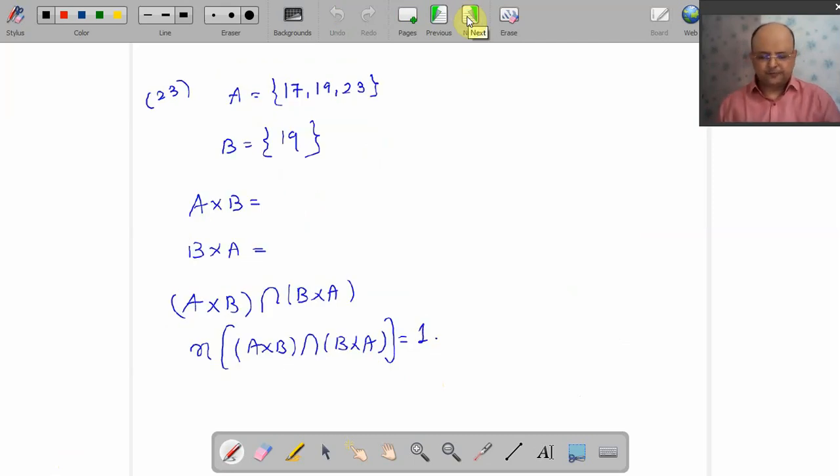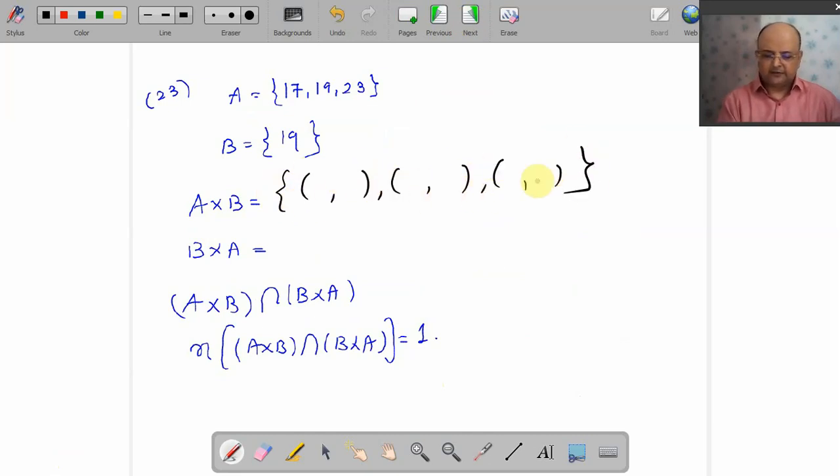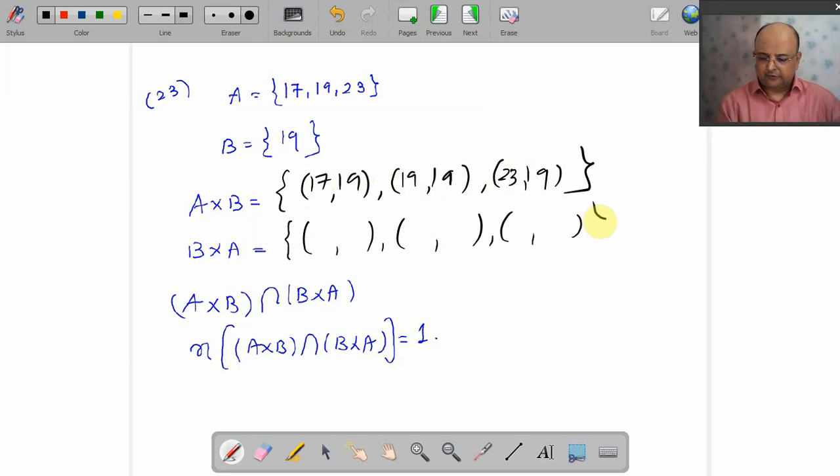This is good, easy. What is A cross B? I just write the pairs, but you will speak the pairs. A cross B, that is, the first element comes from your first set, the second element comes from your second set. Okay? Here, B cross A I want to find out.